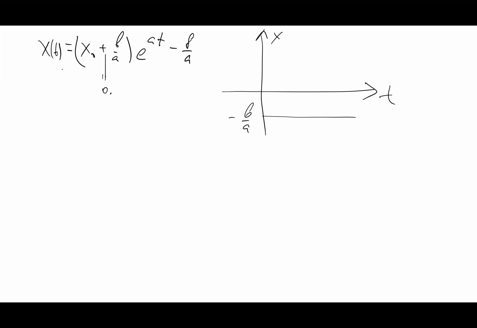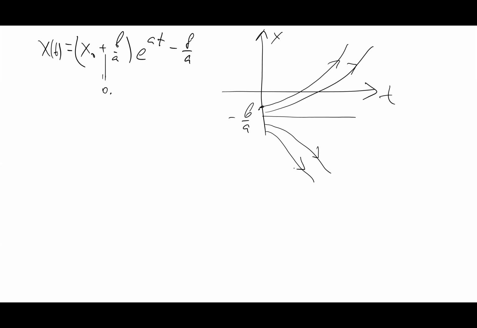If x naught plus b over a is positive, somewhere here, then this will be increasing up to infinity. And if x naught is less than minus b over a, it will go down to minus infinity.